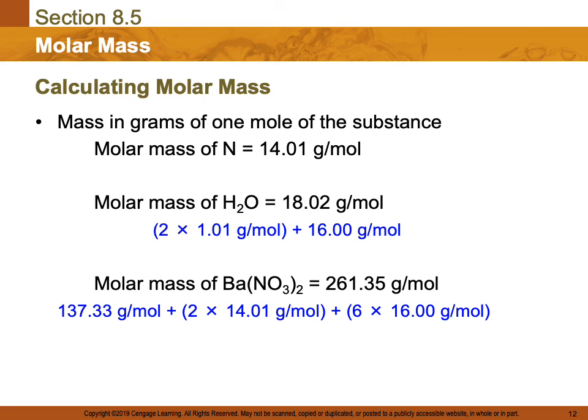It contains 2 nitrogen atoms, which have a mass each of 14.01, and it contains 6 oxygen atoms, which is 6 times 16. When you do the math and sum them all together, you get 261.35 grams per mole. Be careful with these types of compounds and make sure that you multiply the subscripts together and not add them.